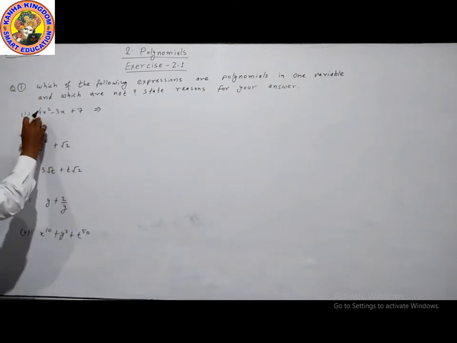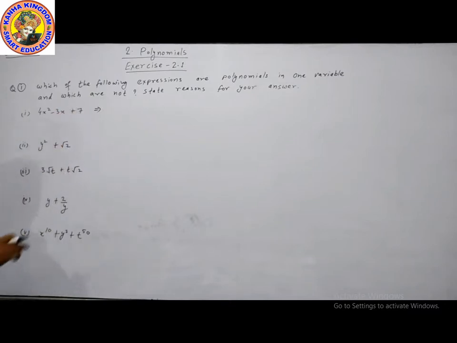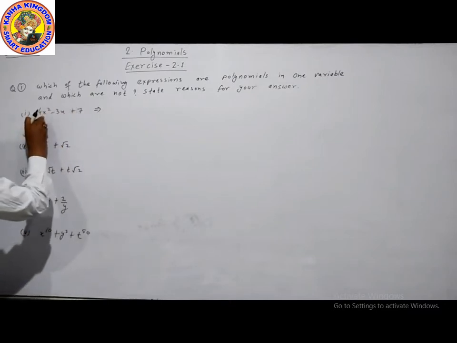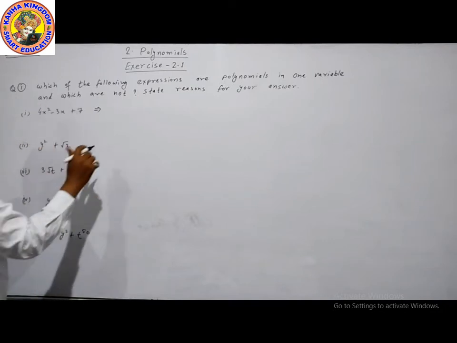First, 4x square minus 3x plus 7. Here only one variable is used and the powers are whole numbers.